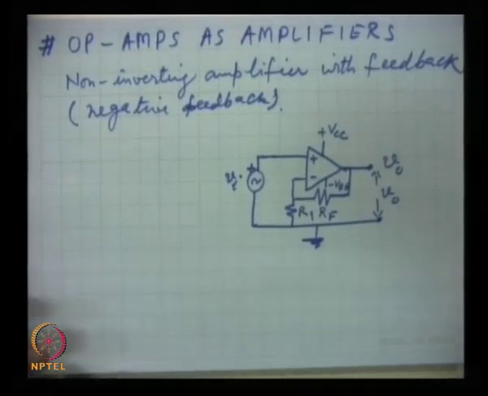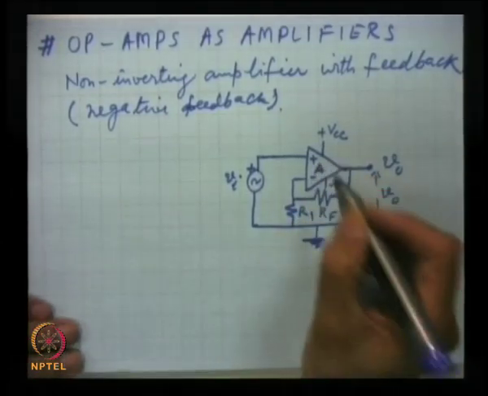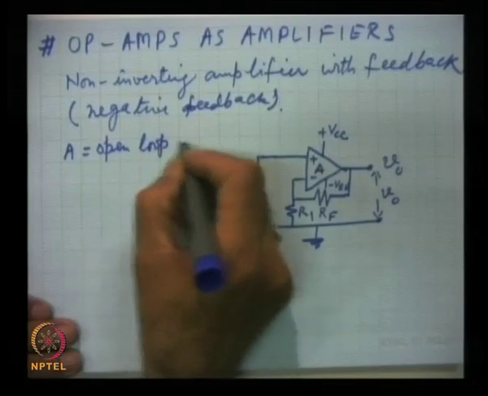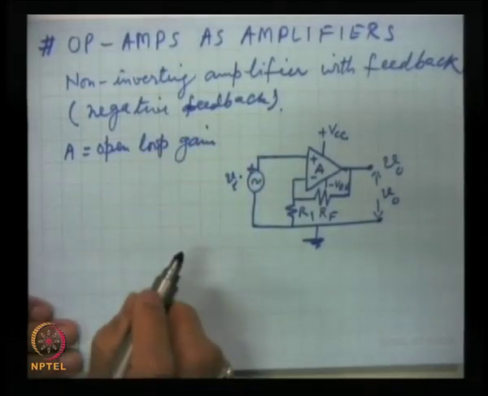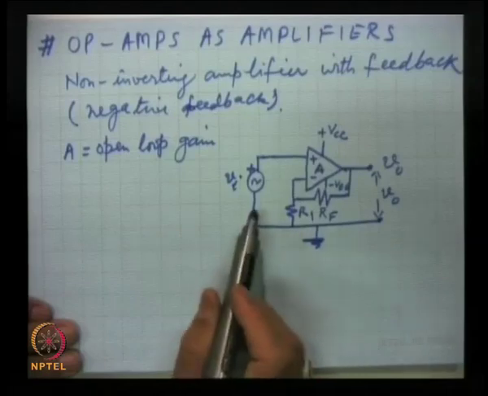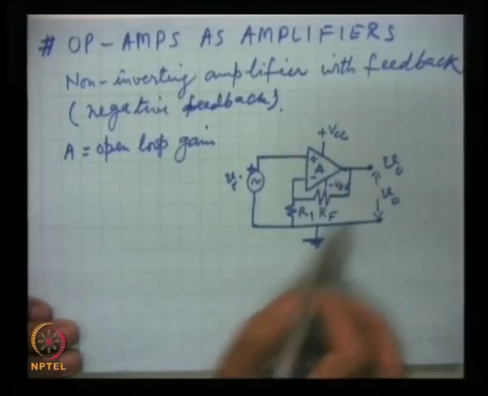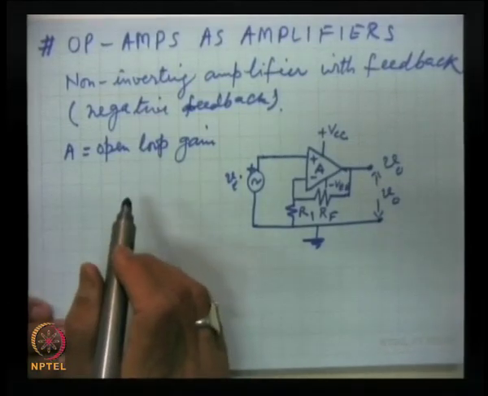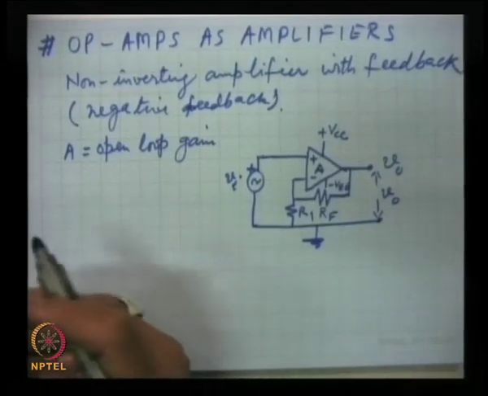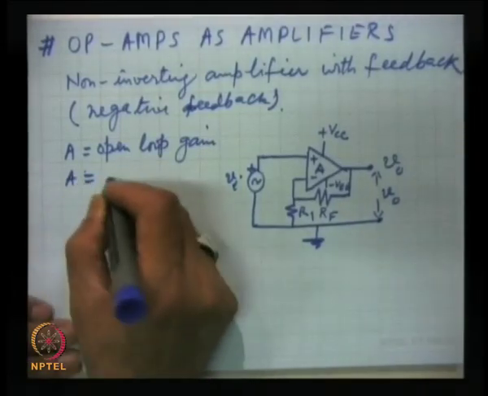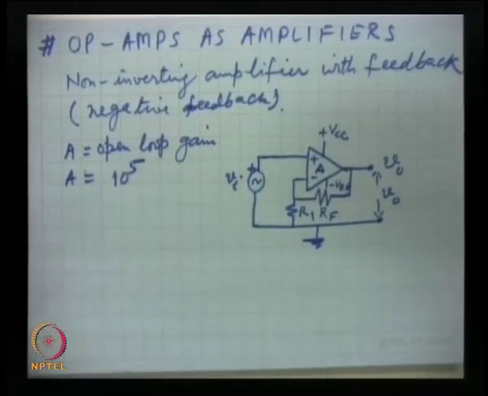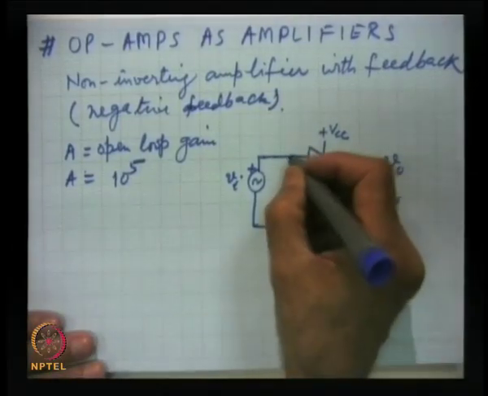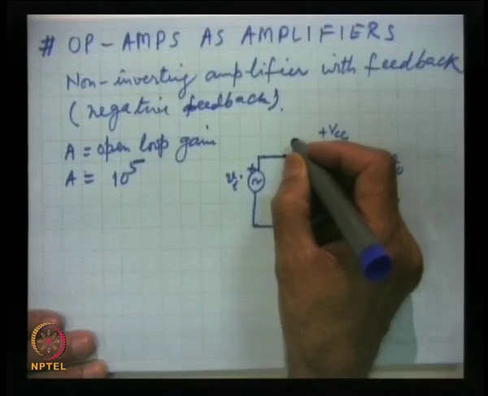Now we analyze it, and remember A, many times written here, is the open loop gain, the gain without feedback. How much the gain will be with feedback, that we will evaluate. The open loop gain is provided by the manufacturer, and for most amplifiers, particularly the 741, A is 100,000, that is 10 to the power 5.